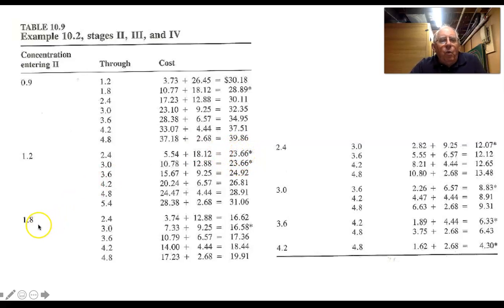And then again, 1.8 going to the 5 separate possibilities. We have a cost associated, we have the optimum, and we have the 1658. And again, we can continue that process, finding an optimum at each particular location.